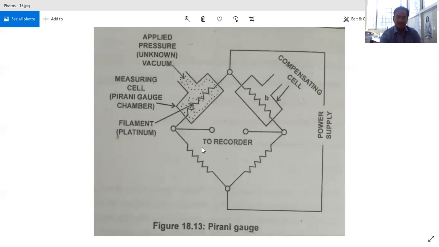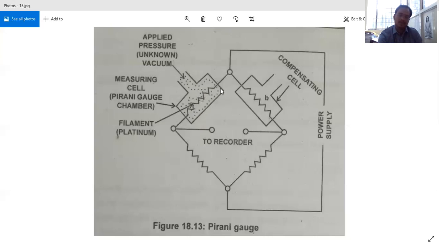Coming to the advantages of this Pirani gauge, they are rugged and inexpensive. They are not much expensive, they give accurate results, and we will find good response to pressure changes. Means the responsiveness of this instrument is good.